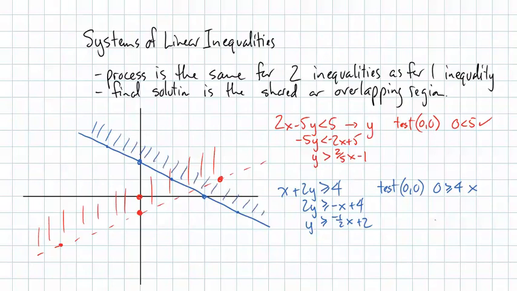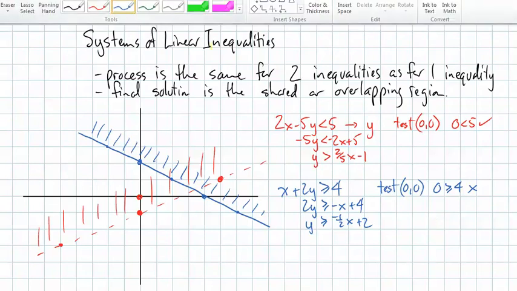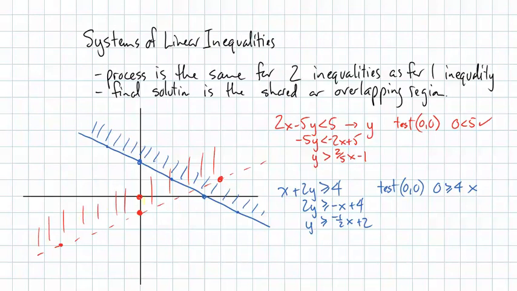Now, considering that it's a system, what I want are the answers where these are in agreement with each other, where they're both shaded. So I'm going above the red line and above the blue line. So the boundary is here and then here. All of this region satisfies both inequalities.